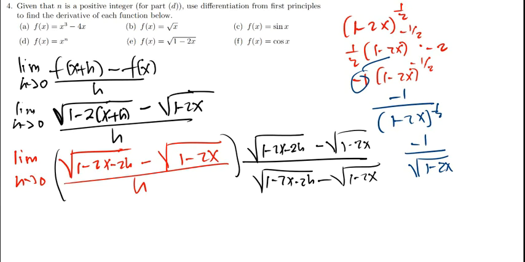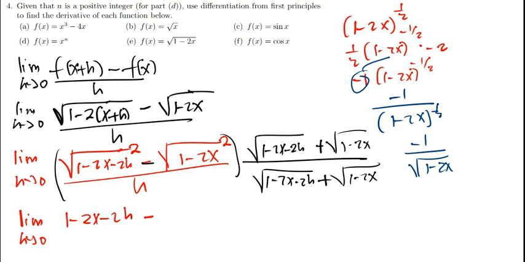Sorry, the conjugate is positive. Just do not forget that. So I'm multiplying this by its conjugate. It's the same as squaring the one having negative. And then you end up having limit h goes to 0 of 1 minus 2x minus 2h.